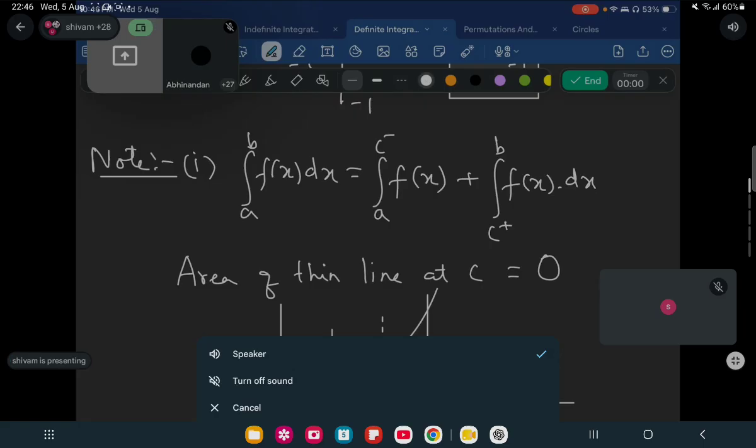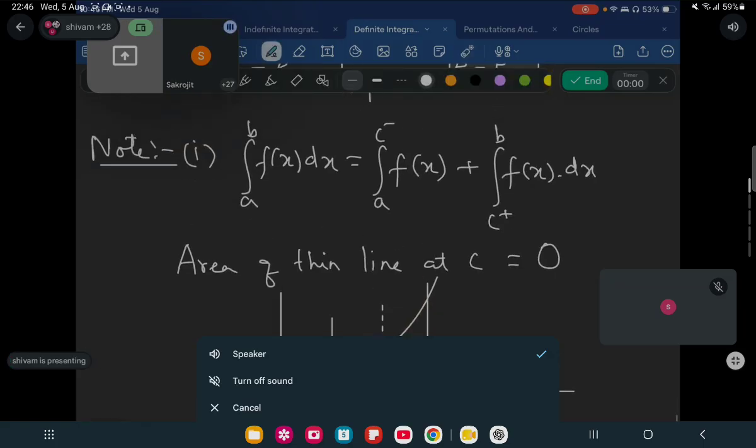Can you explain why you broke the limits at c? Because at c the function is not defined. First I find the area in this region, then the area in this region, and then add them up.